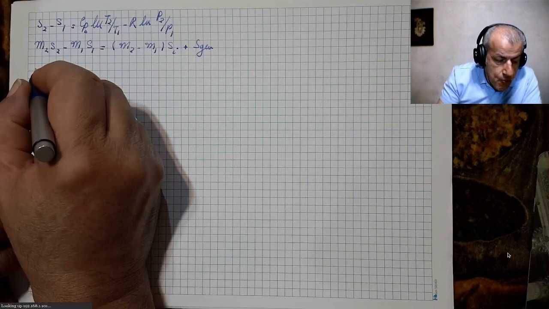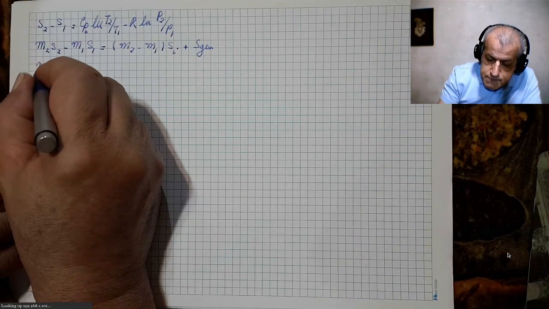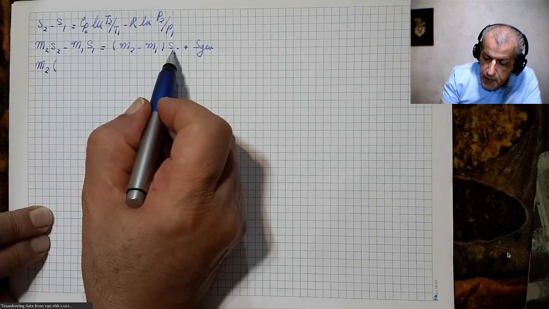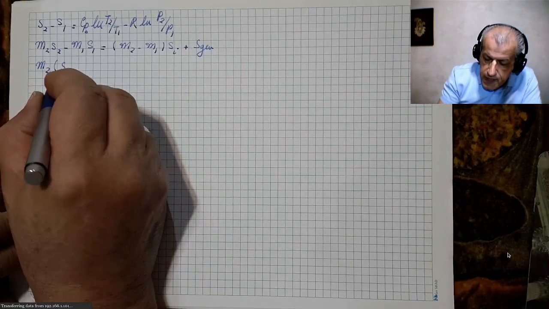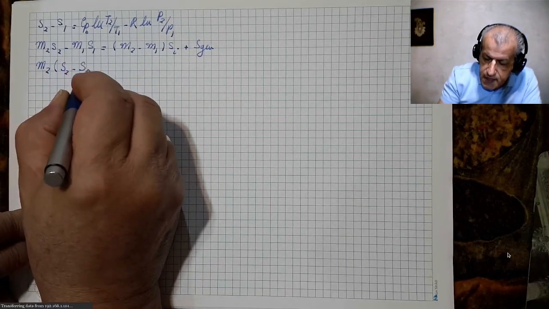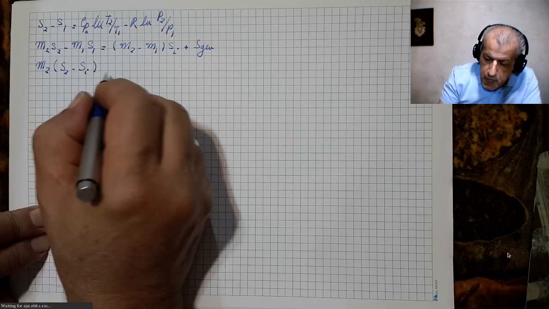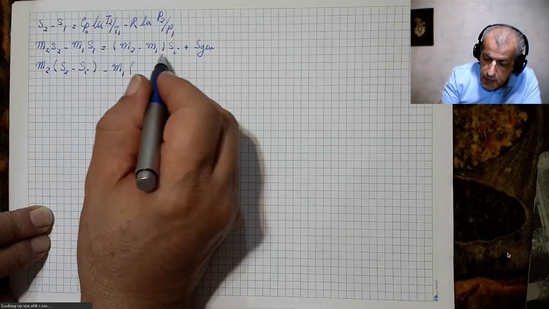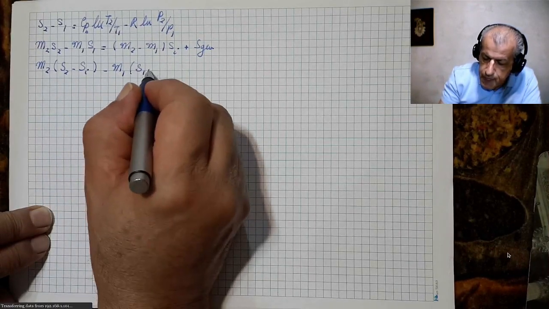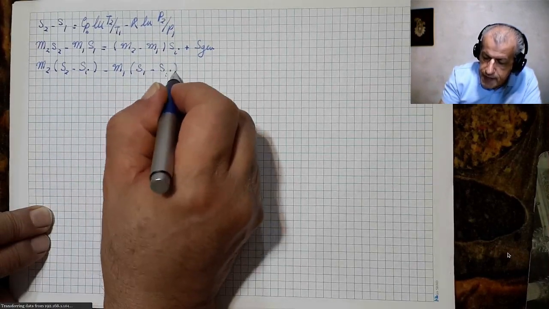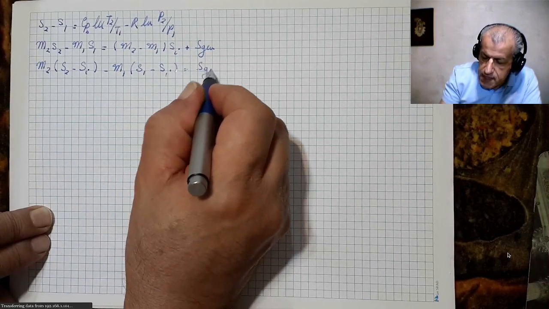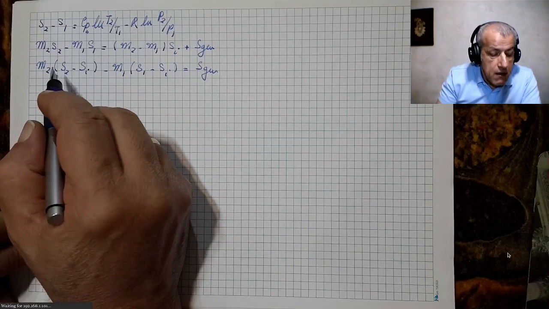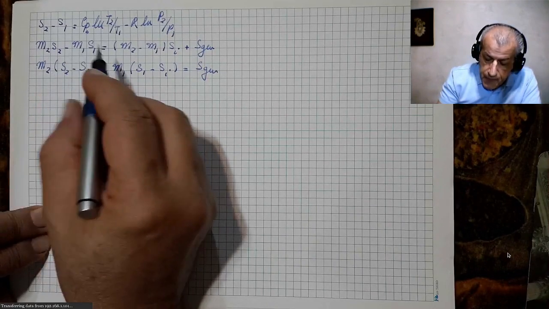This would be M2 times S2 minus Si, minus M1 times S1 minus Si, and that equals Sgen. And now we can apply this equation very easily.